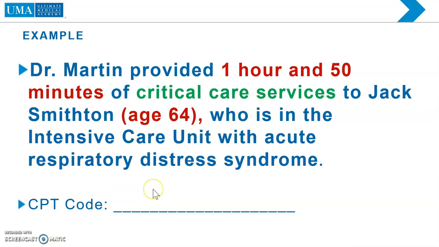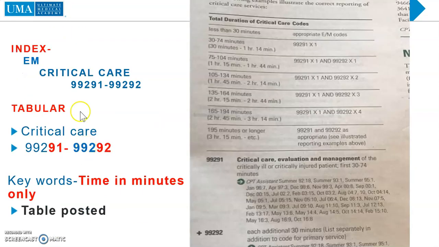So let's follow this example and see how we will find the code for this service. Remember, we always go to the index, and our main term is evaluation and management. The subterm is critical care, and we will find the code range 99291, 99292, only 2 codes for critical care. We come back to the tabular list.